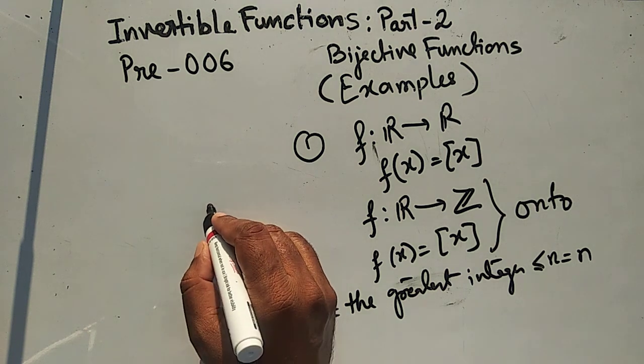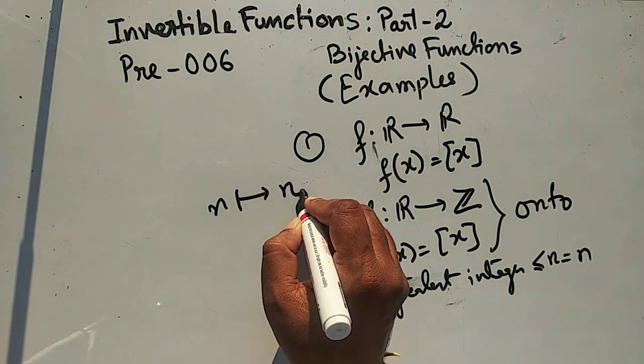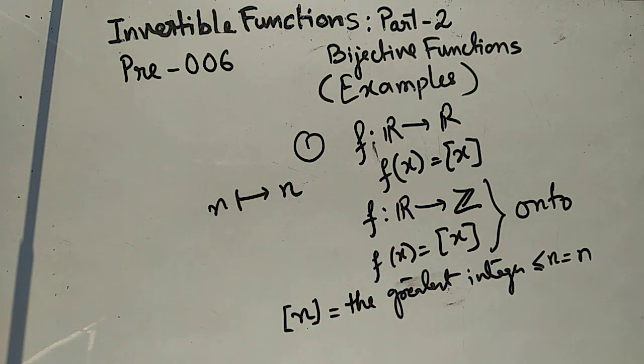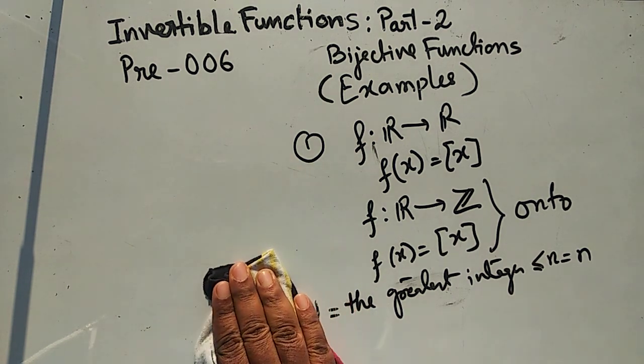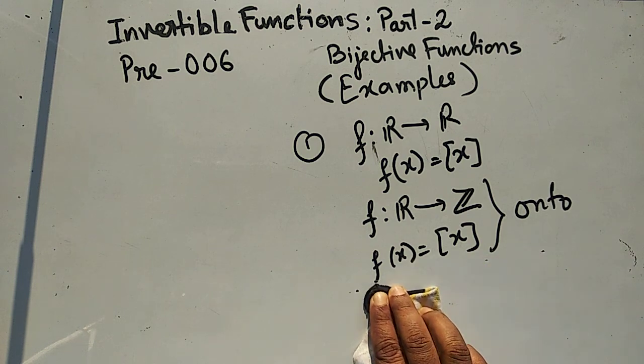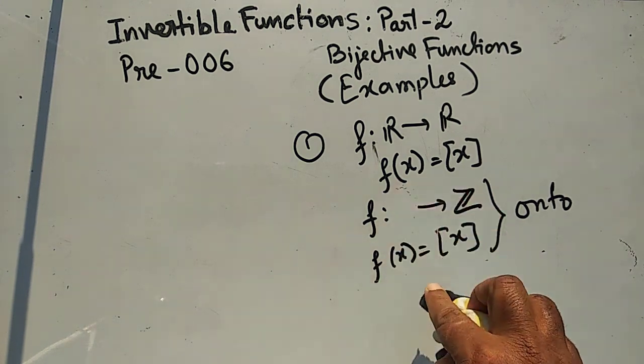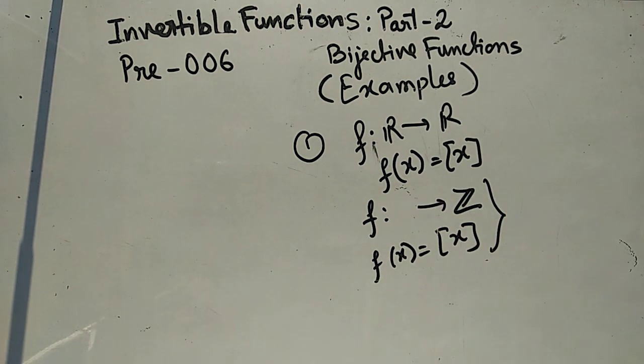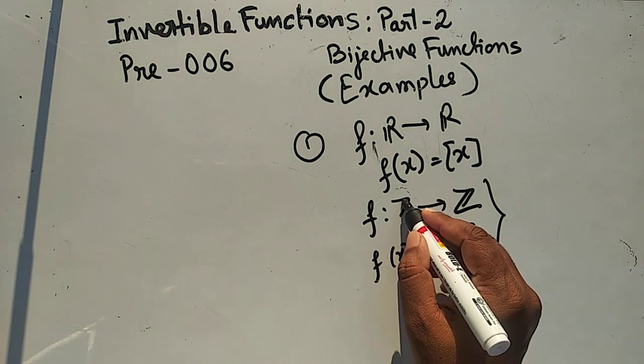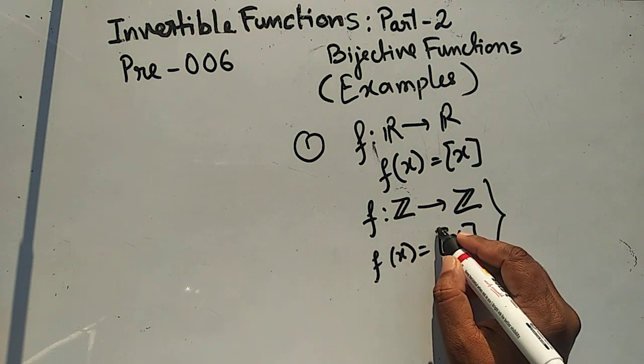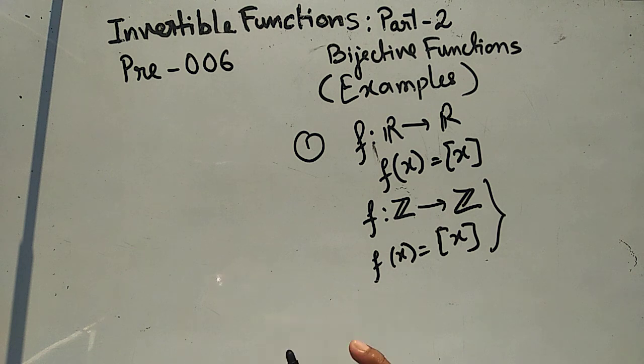So every integer maps to the same integer. Okay? So if I define the function from Z to Z, then with the same definition this map is one-one and onto, means bijective.